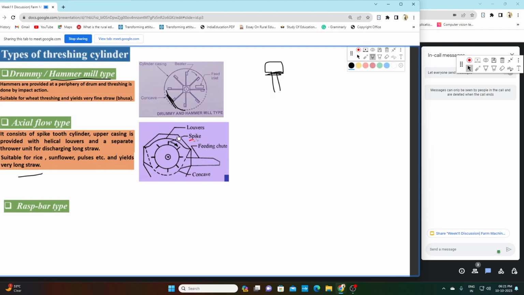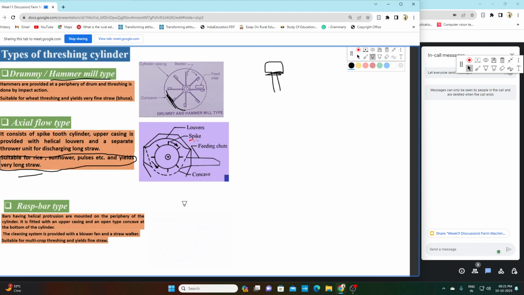Whenever the feed comes in between the spike tooth and the concave, the dotted line being the concave, the tearing action will take place. By this tearing action your threshing will be done, and this is important. This is suitable for rice, sunflower, pulses, etc., and yields very long straw. The straw that we get from this thresher is very long.